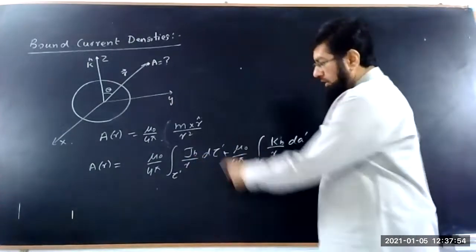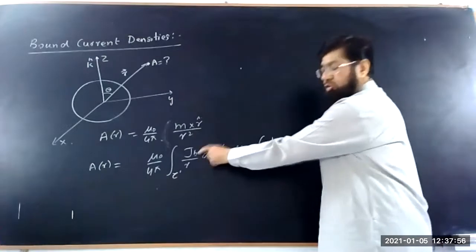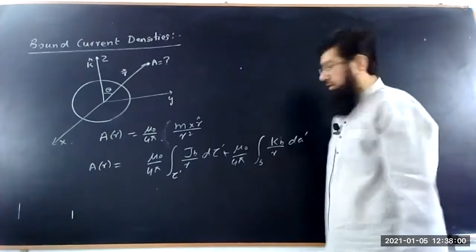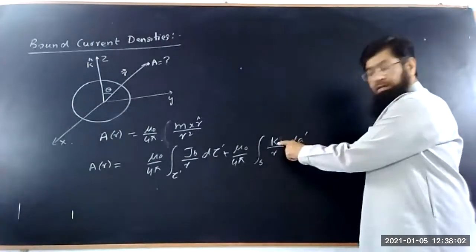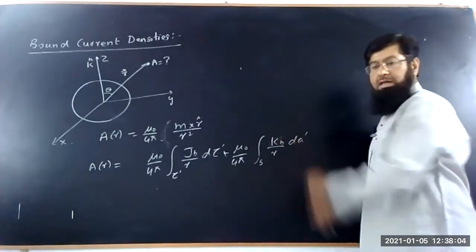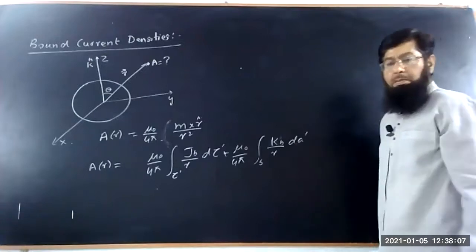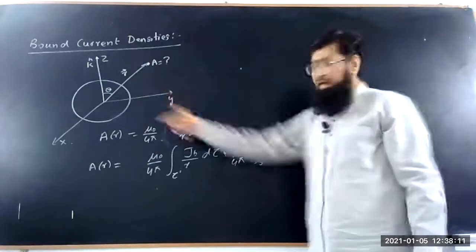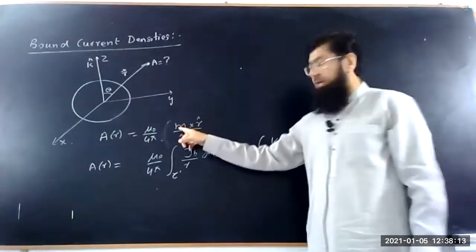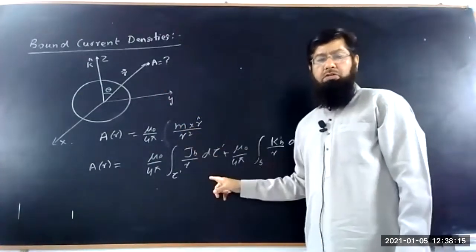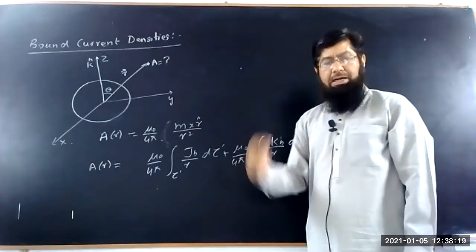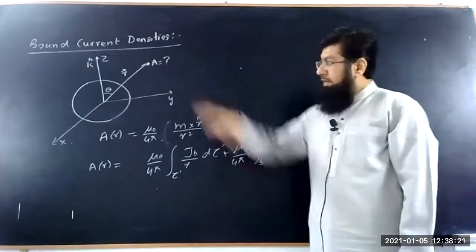This J_b is known as the volume current density of the bound charges, and this K_b is the surface current density of the bound charges, because the charges that give rise to the magnetic dipole moment are bound charges: the electron orbits around the nucleus and is bound inside the material.